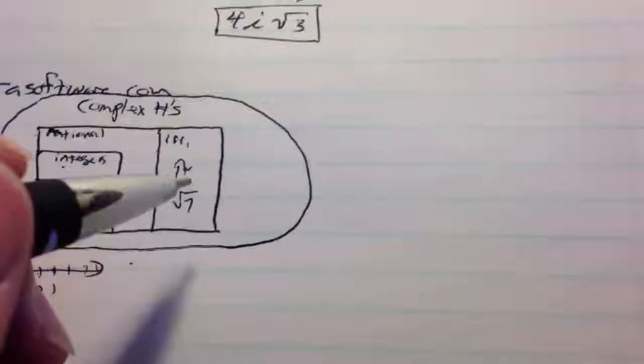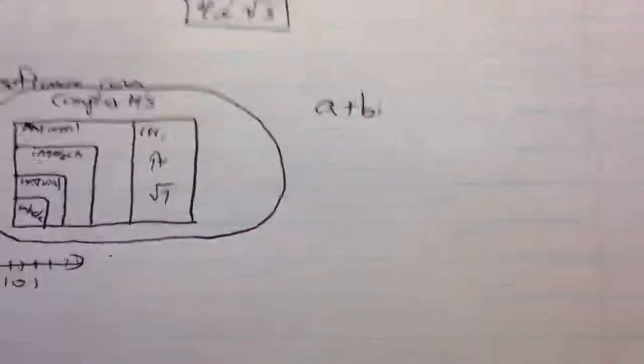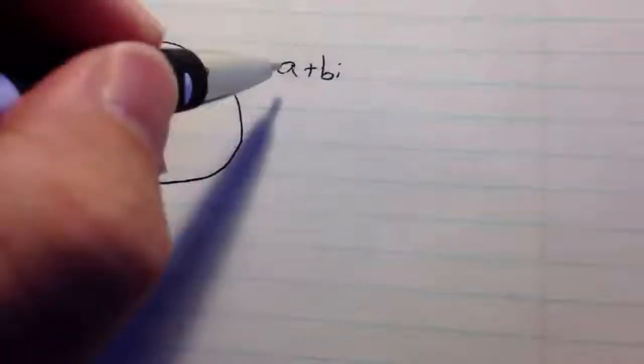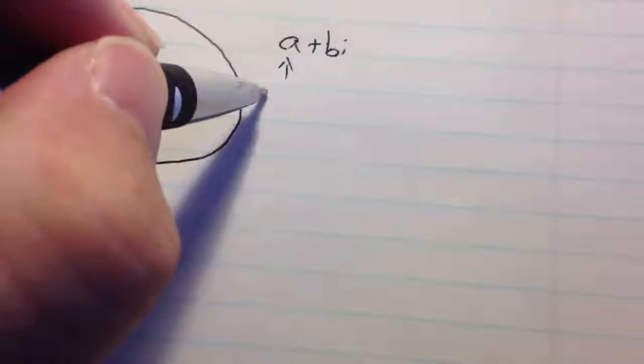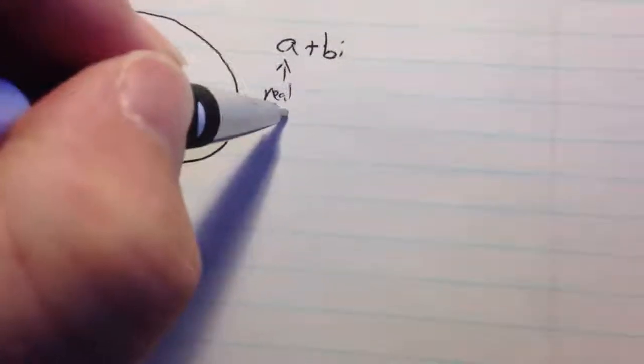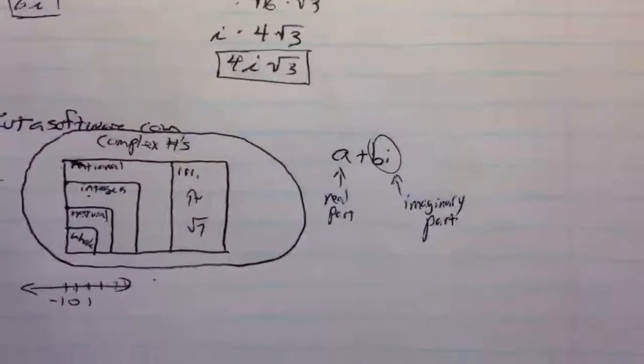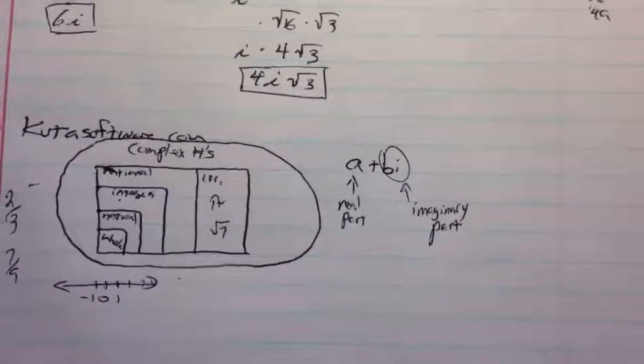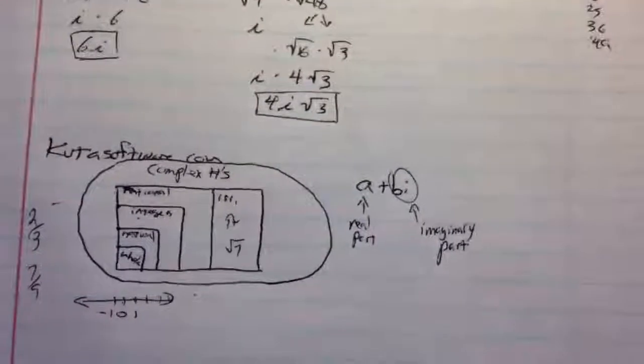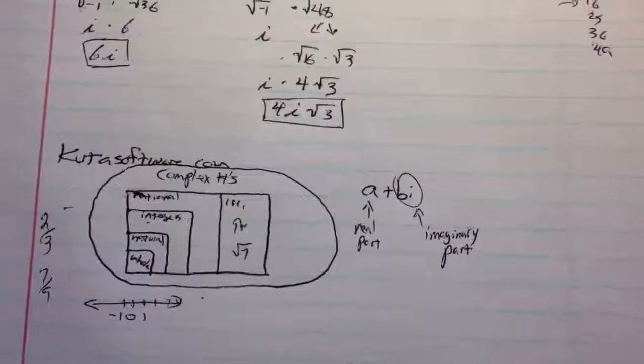So complex numbers have this form right here, a plus bi, where the a part is going to represent the real part, and this is going to be the imaginary part. Real part and imaginary part. So, you've been doing complex numbers all along. You just was not aware of it.